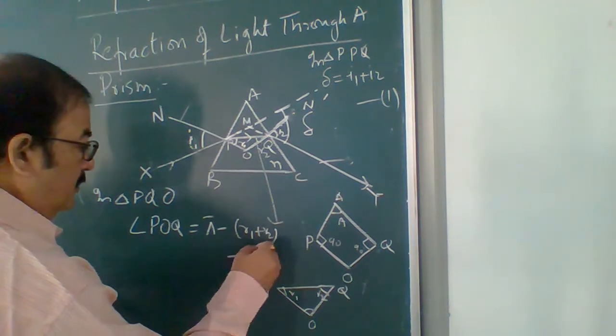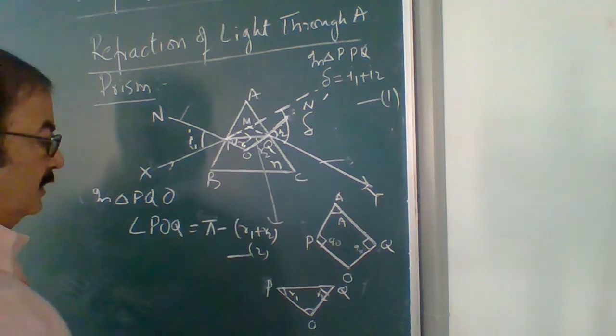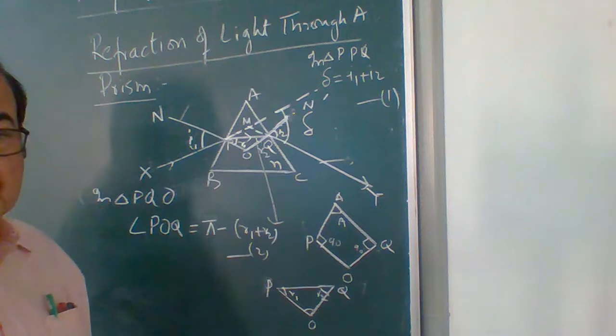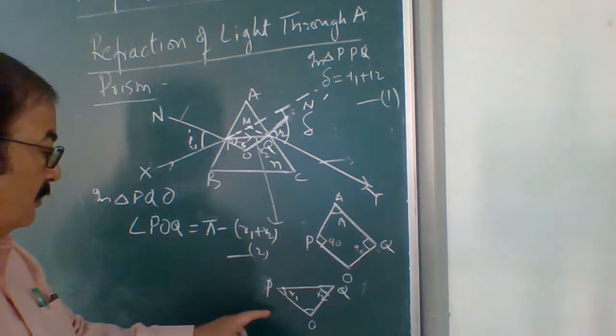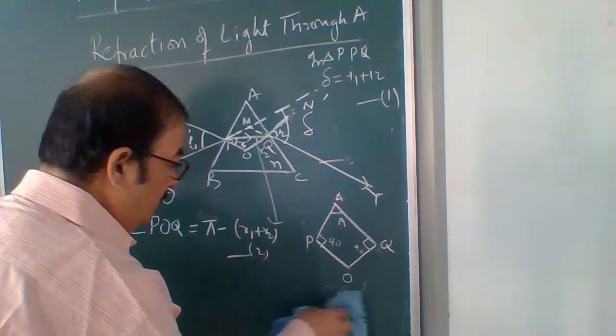This is your equation number 2. Pi means 180 degrees. ये triangle के तीनों का sum 180 होगा, तो this angle will be POQ equal to pi minus (R1 plus R2). तो इसको भी आपने कहा दिया.